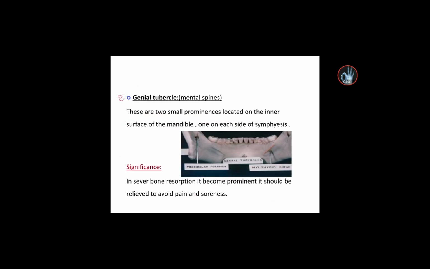Okay, so the second one is the genial tubercle, and this is the genial tubercle. Okay, two bony prominences عندنا جزئين من العظم ظاهرات كذا بارزات on the lingual side.